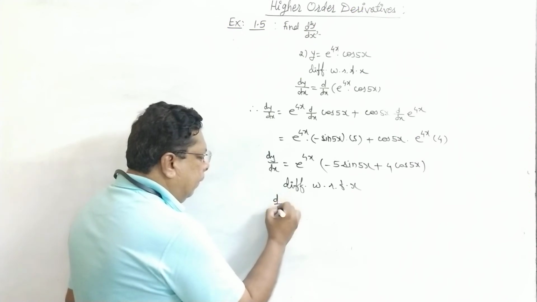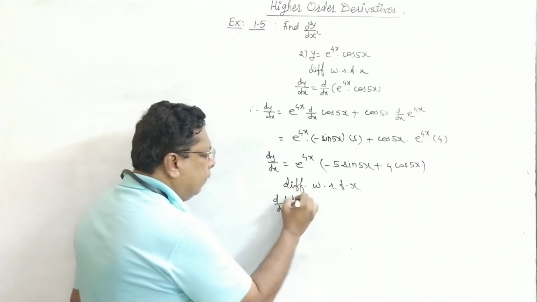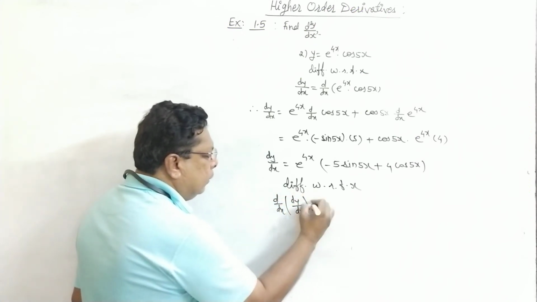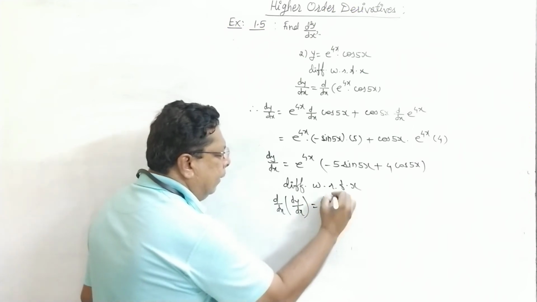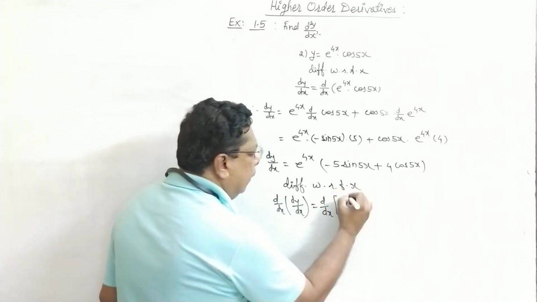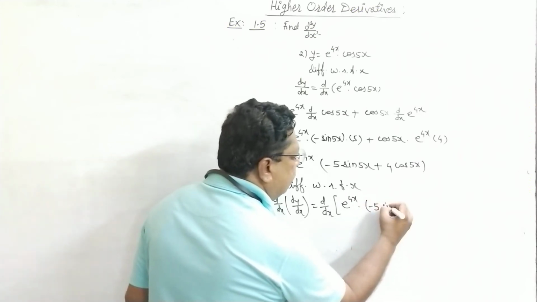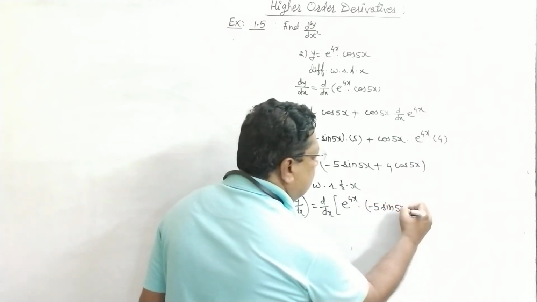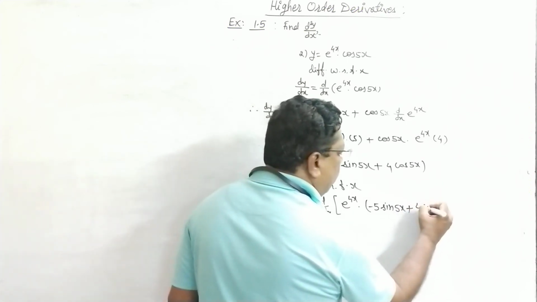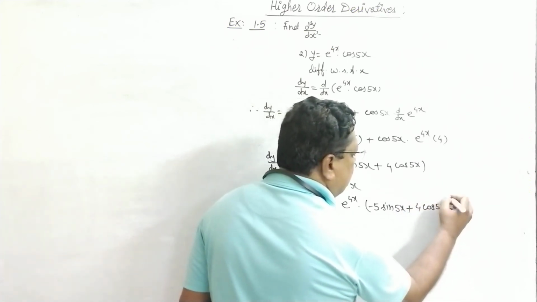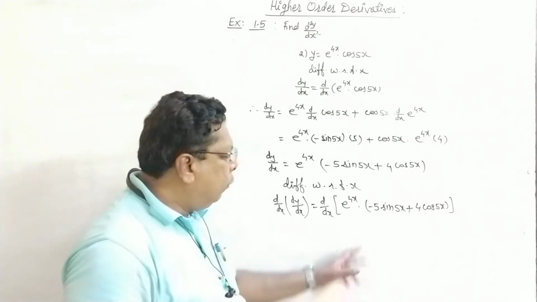Now here d by dx of dy by dx on right hand side d by dx of e raised to 4x into minus 5 sin phi x plus 4 cos phi x. In the bracket there are two functions.